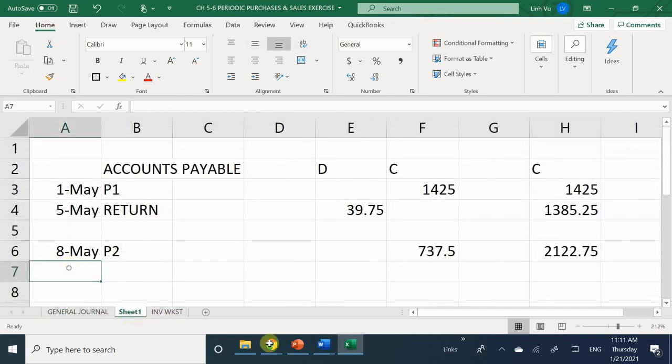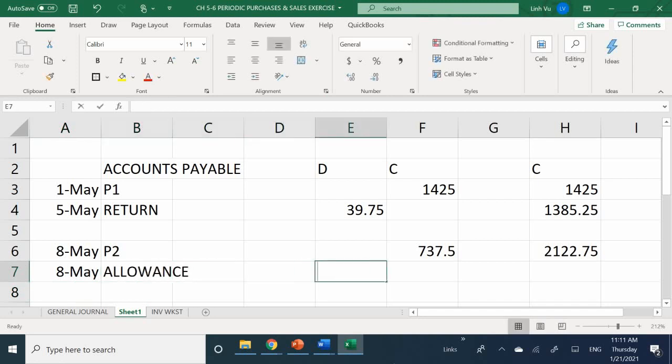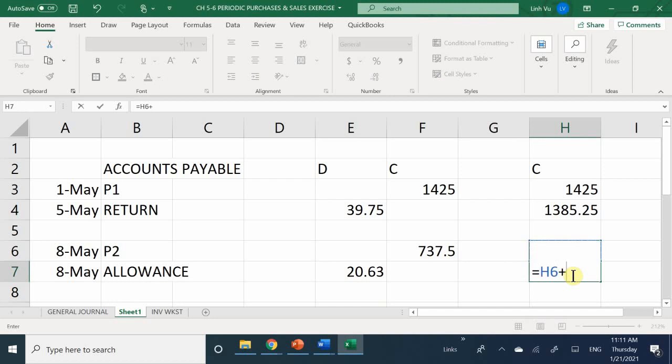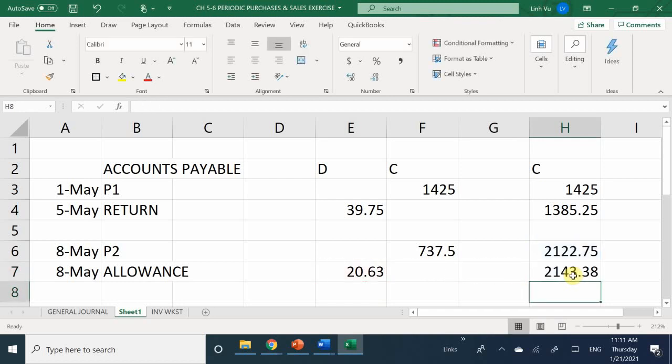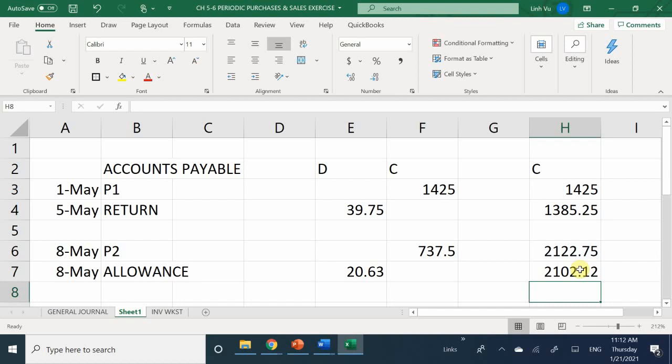So this is where I'm going to indicate that on May 8th I actually got an allowance, and it reduced the amount I owe by $20.63. So my total amount that I actually owe is going to reduce by that much. I added, it's supposed to be subtract.